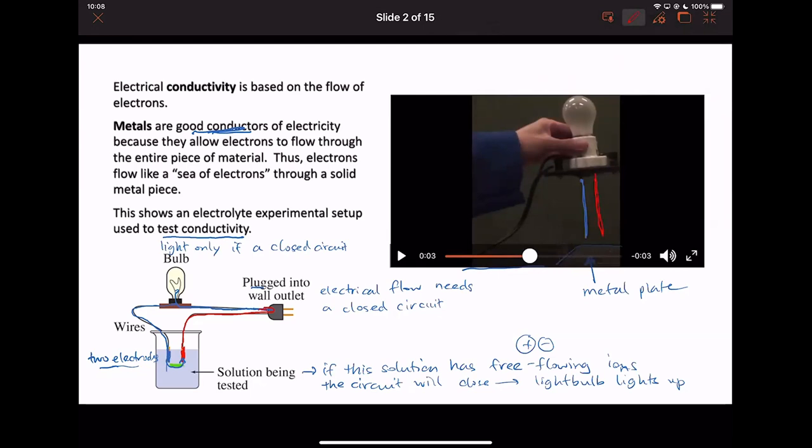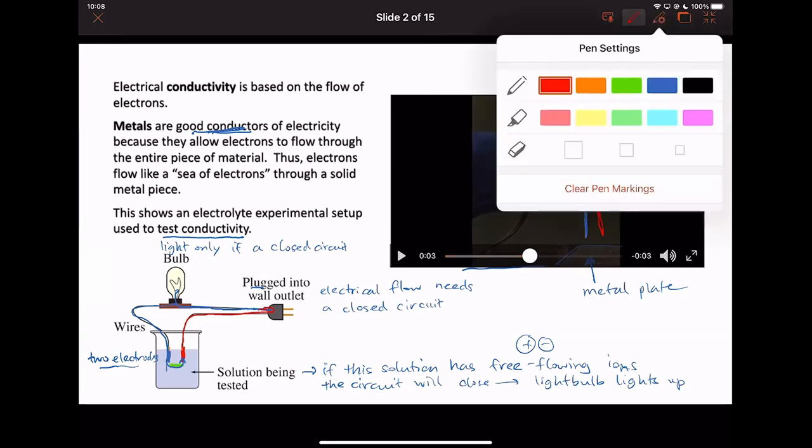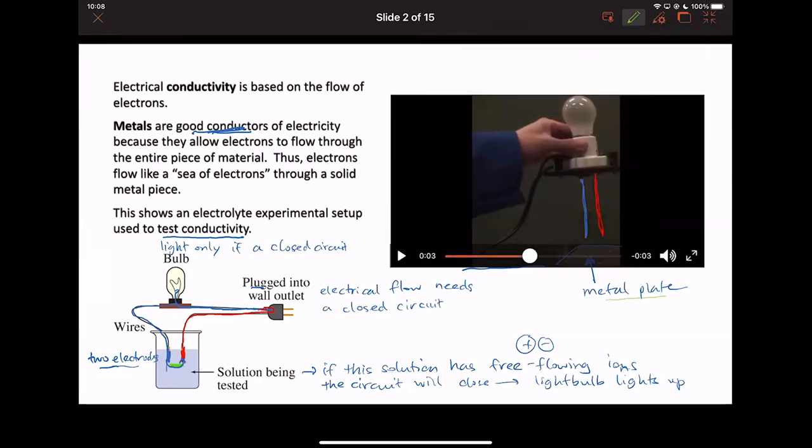That's plugged in over here, and it's because it is not a closed circuit. Those two electrodes are not touching. So how they're going to close the circuit is through this metal plate, because metals can conduct electricity. So let's turn this back on. And you can see the light bulb lighting up. So try that again.